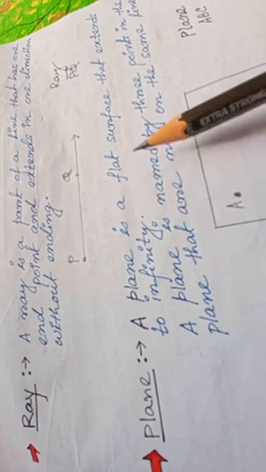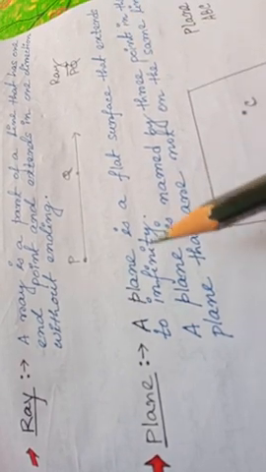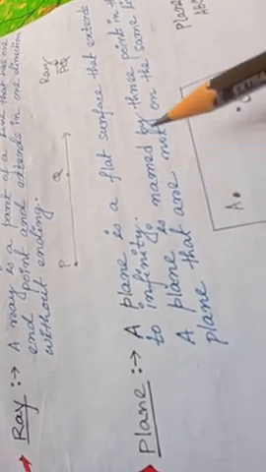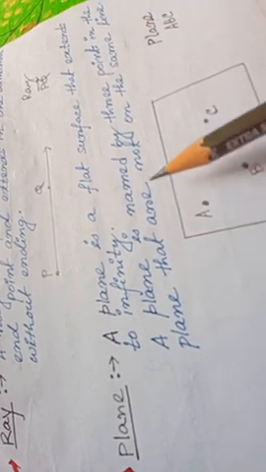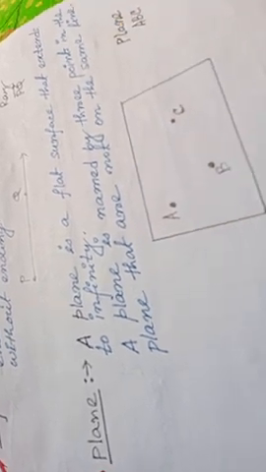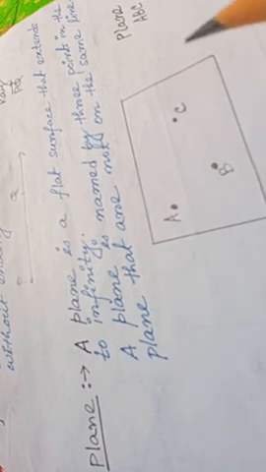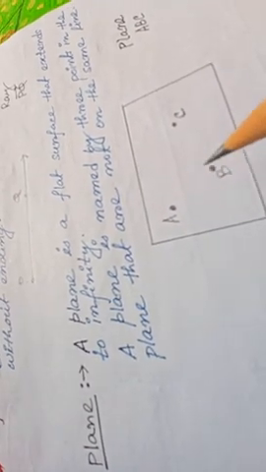Next is the plane. A plane is a flat surface that extends to infinity. A plane is named by 3 points in the plane that are not on the same line. If you take 3 points A, B, C, and try to draw these 3 points on the same line, it is not possible.